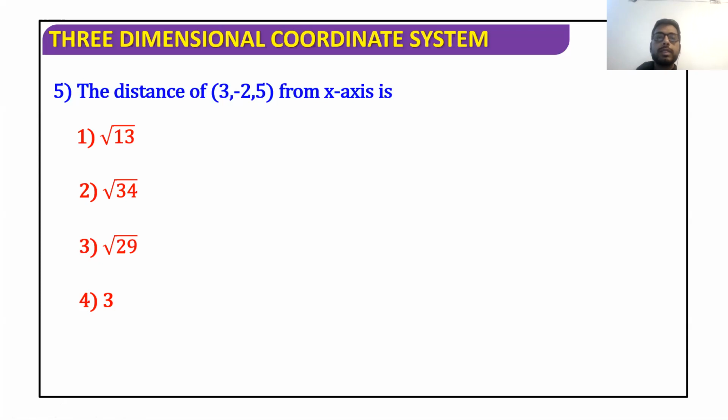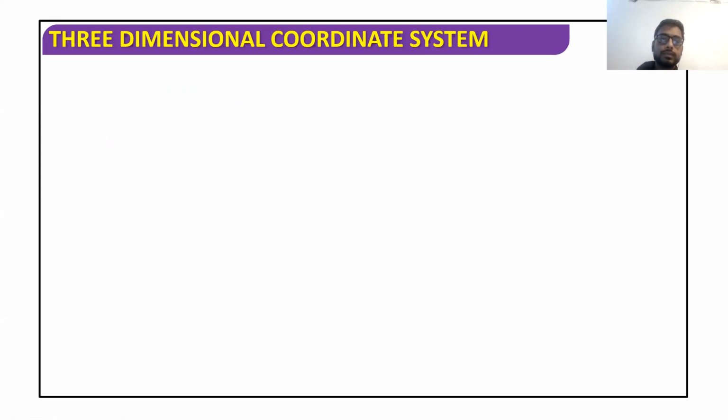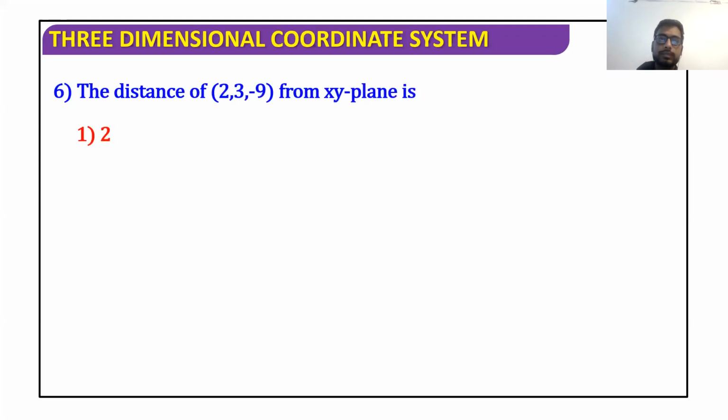Also tell me what would be the distance from the xy plane. You can also tell the answer of this one. The distance of point 2, 3, minus 9 from the xy plane is question mark.